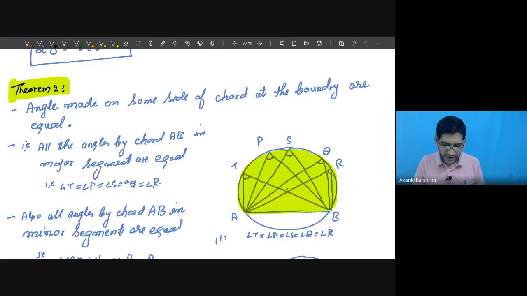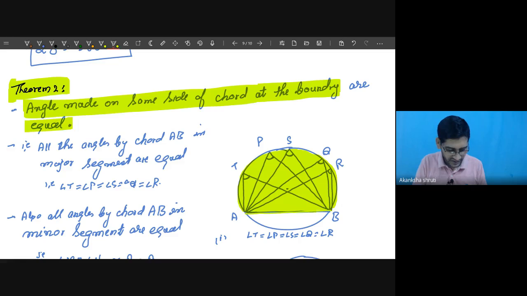So angles made on the same side of the chord or the arc are always equal. Are you getting? Angles at the boundary are equal.